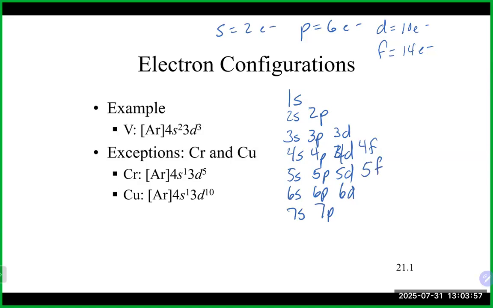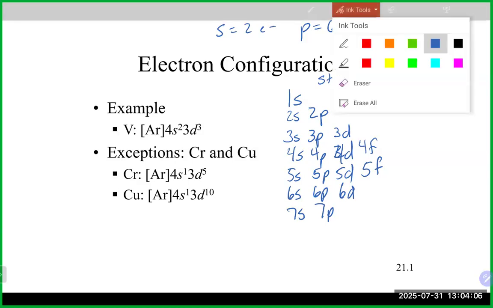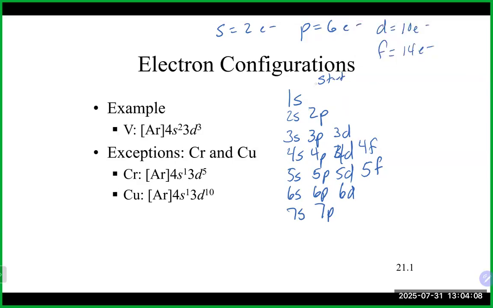And this is the proper order of electron configuration. You always start up here and you follow the arrows and zigzag back and forth. So you start here and go this way, come back, come this way, come back, and you obviously would continue that process until you fill in all your electrons.